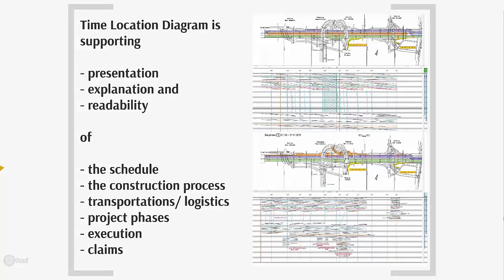Not only can you use time-location diagrams for planning and scheduling, but also for explaining the construction process, or considering all transportations and logistics. You may present the work split in different project phases, or monitor and control the execution. Even use it for discussing claims.